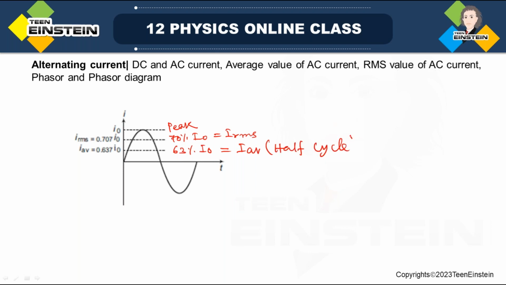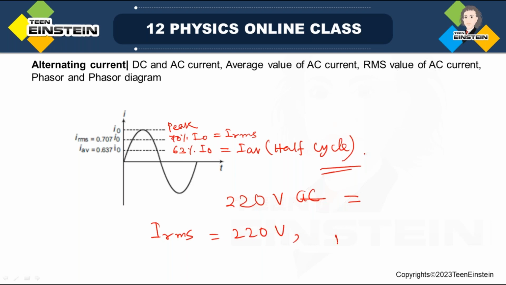All right. So 220 volt AC is equivalent to how much DC? I have to find out I0. So this is actually IRMS. What is given? This 220 volt is RMS, so you have to find out I0.